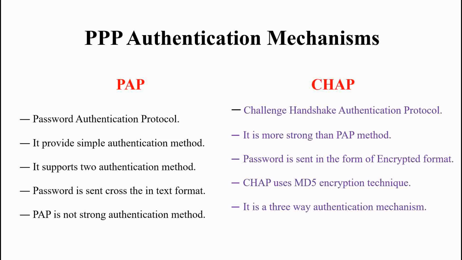So the main difference between CHAP and PAP is what? In the case of CHAP, we have to use an encryption algorithm, but in the case of PAP, we cannot use the encryption algorithm.